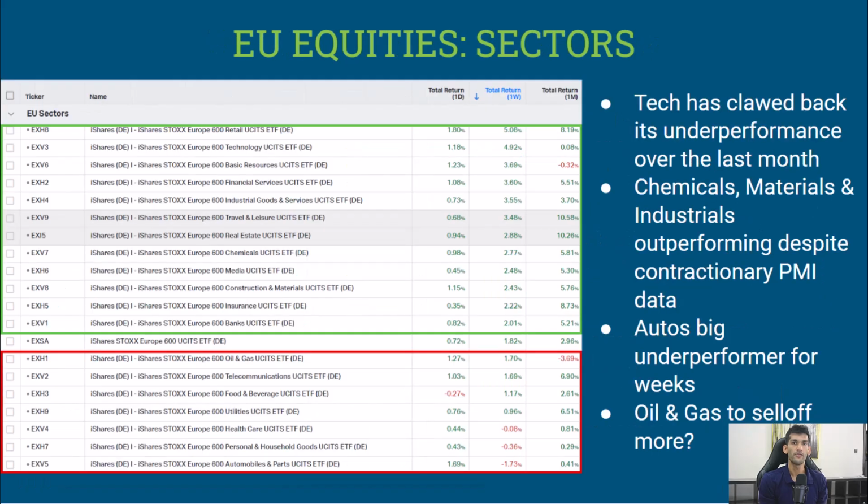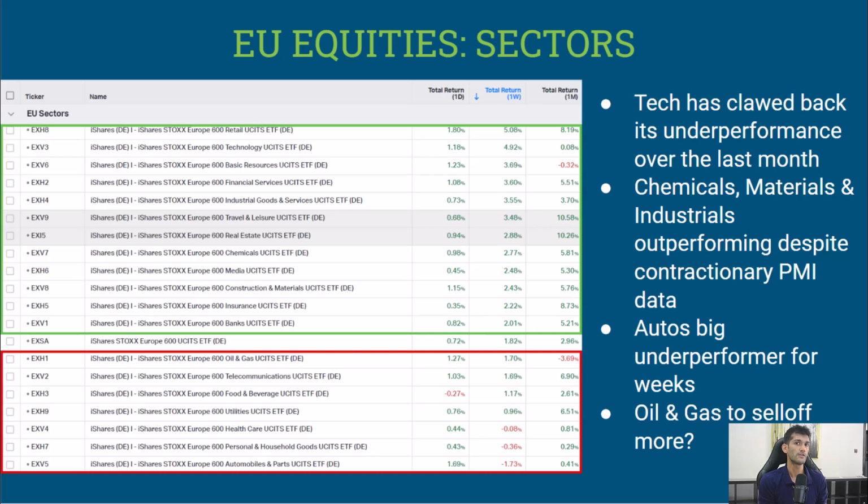In order to put things better into perspective, I also like to look at sector performances within the European equities. As we can see, the European index itself was up 1.82% on the week. Tech has clawed back its underperformance over the last month. Chemicals, materials and industrials are outperforming despite contractionary PMI data.